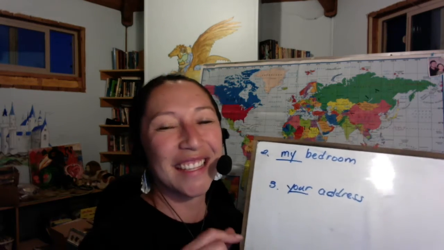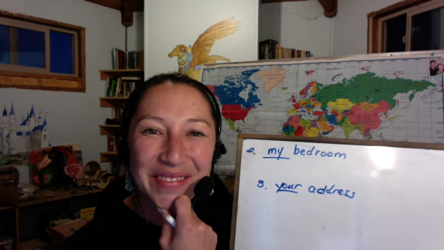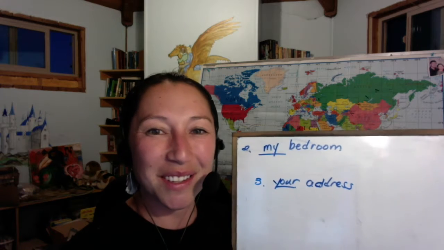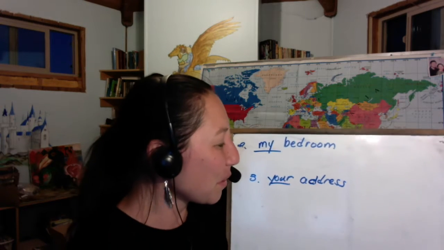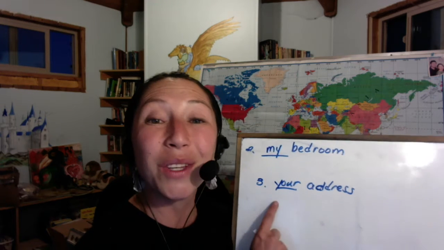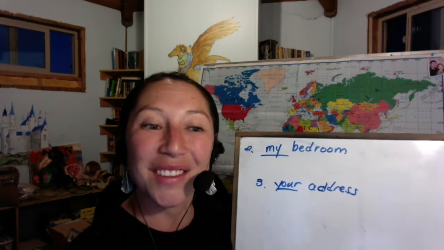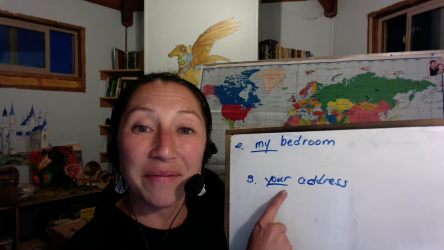So singular is the answer. What person is that under? Look at your chart. First person is correct. Number 3, there are 2 to choose from. You could choose you or your, but only your answers the question of possession. Whose address? Your address. So you underline your.